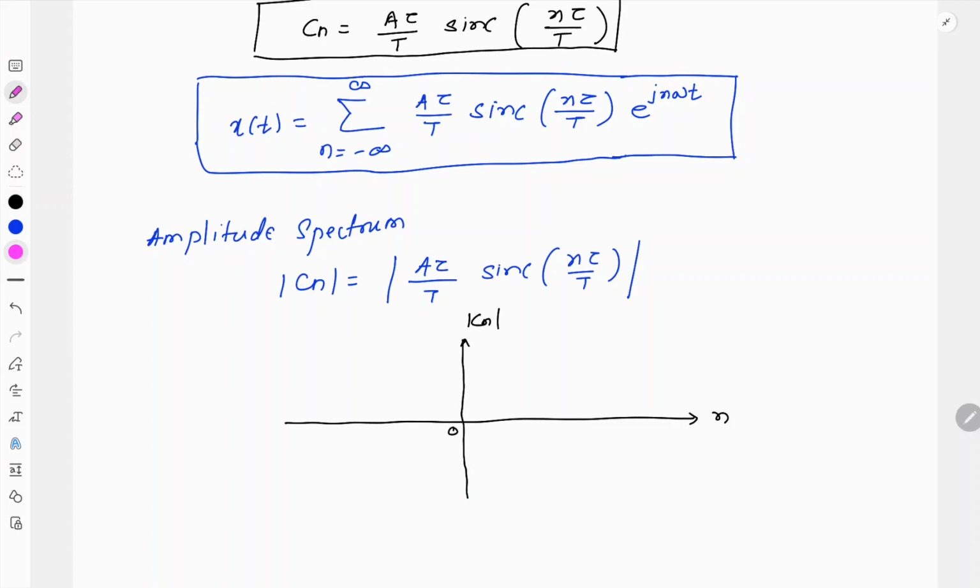So if you look at this equation, it is a sinc equation. So we know that sinc has maximum amplitude at 0 and these n values will be discrete. So we get this kind of spectrum for the given equation. The nature of this waveform will be sinc function, and towards left hand side also we have this kind of equation.